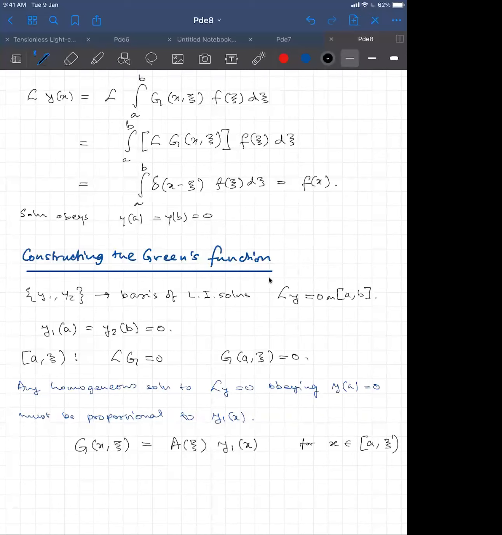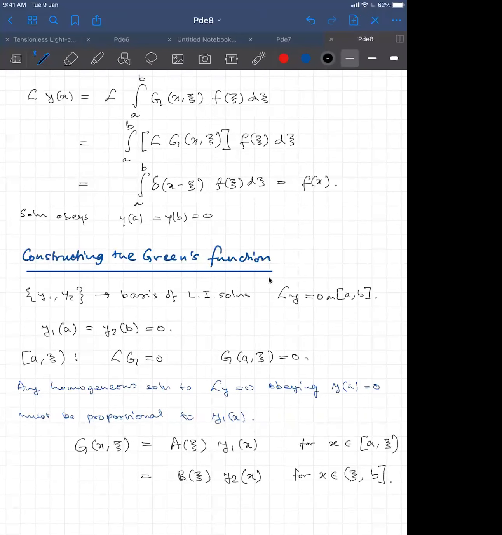Similarly, you can do it for the other side. It is going to be equal to some B of xi times y2 of x for x belonging to xi to b, right?